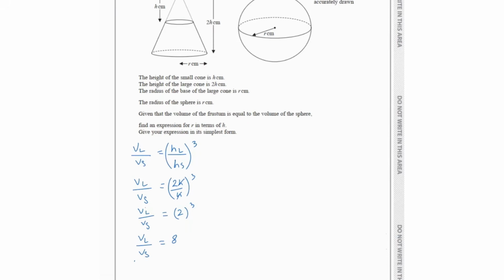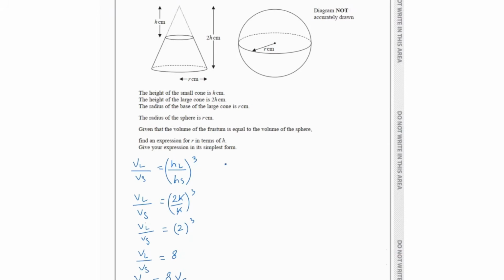So volume of large cone is 8 times volume of the small cone. Now, if I create an equation for the volume of the large cone, because we do have the height and the radius, that's going to be 1 over 3 pi r squared h. That is the formula for the volume of a cone.